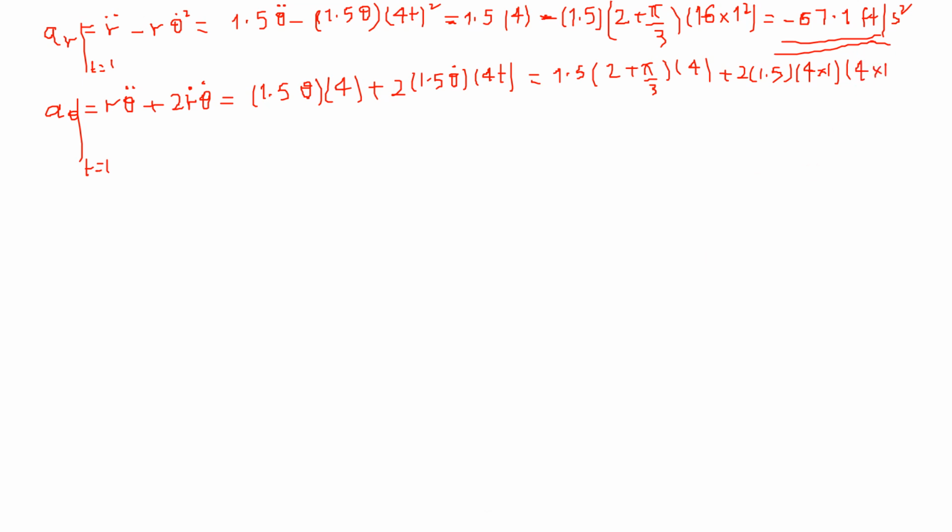Okay, now we put this into the calculator. So now we get a positive number here. Okay, I got 66.3 feet per second square. Okay, and that's it. This answers the question.